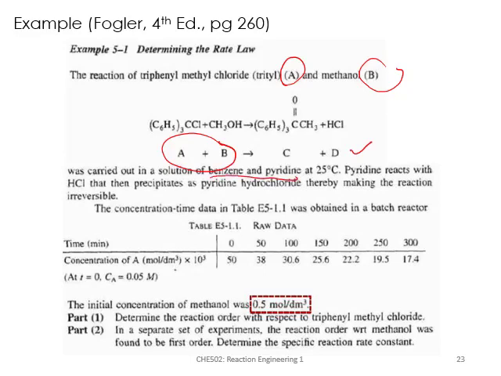The concentration-time data is given in the table, obtained in a batch reactor. Here you have time and concentration data. At t equal to 0, CA is equal to 0.05 molar. The title of the concentration column is concentration times 10 to the power of 3.